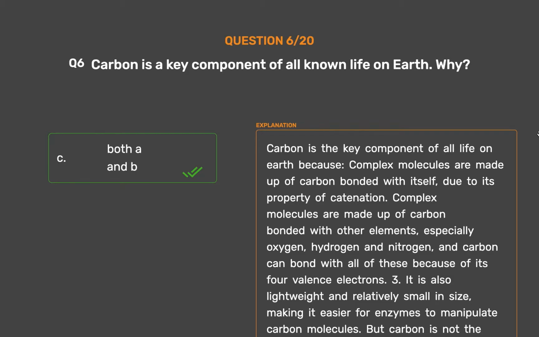It is also lightweight and relatively small in size, making it easier for enzymes to manipulate carbon molecules. But carbon is not the only element capable of catenation. Elements such as silicon, sulfur and boron can also form catenae.